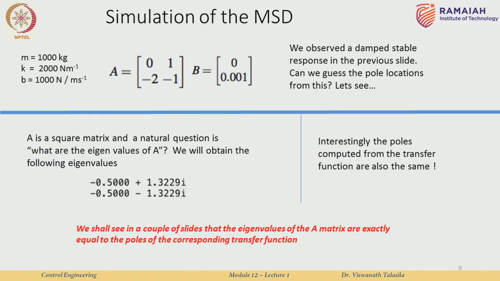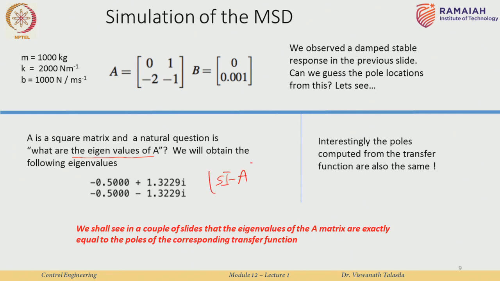So, one of the ways to do that is you have this matrix A over here. We see this A is a square matrix, okay. And one of the natural questions that comes when we see a square matrix is what are the eigenvalues of A. So, let us compute the eigenvalues of A, and it just follows the standard procedure.